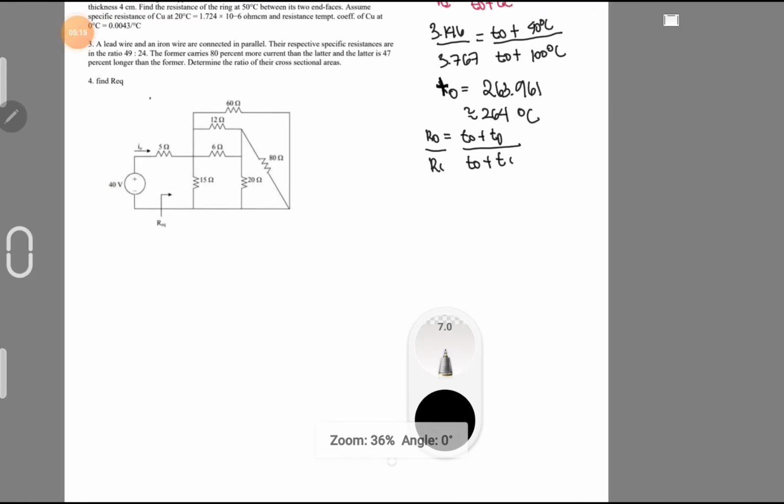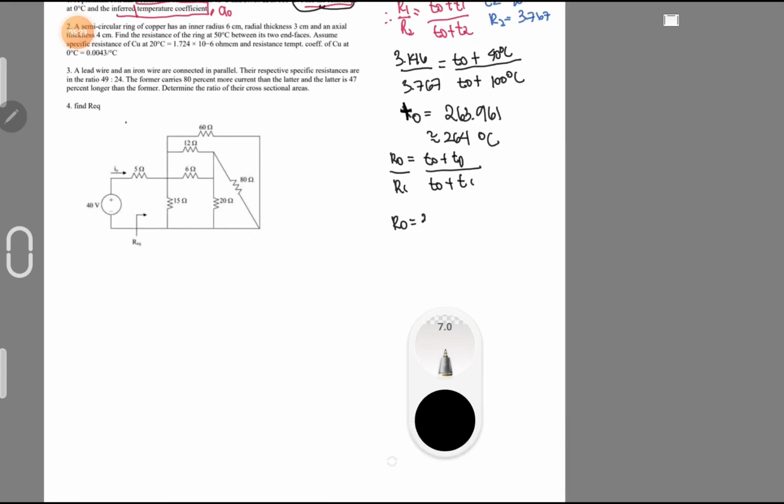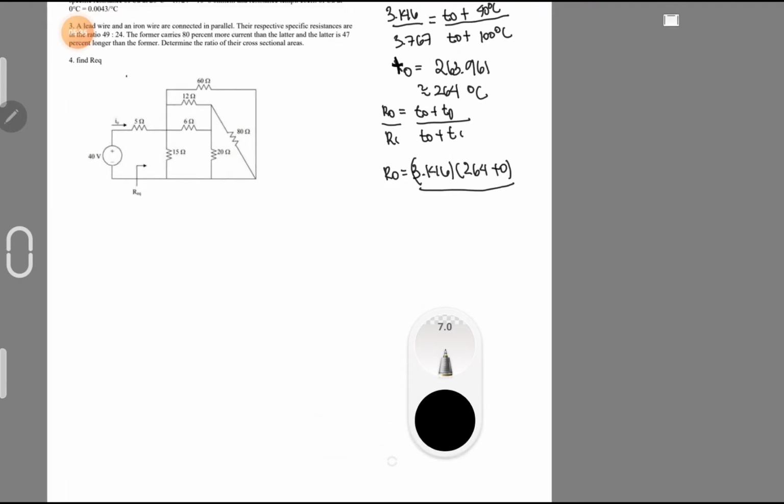So solving for R0, I will have R1, which is 3.146, multiplied by TO, which is 264 plus 0, divided by 264 plus 40.